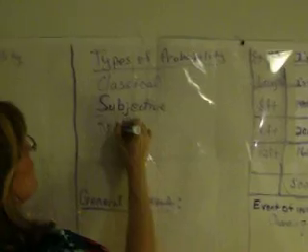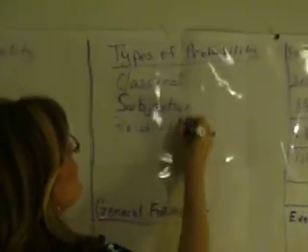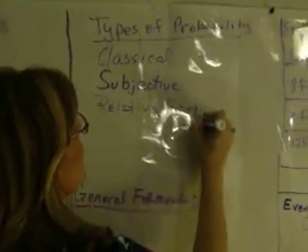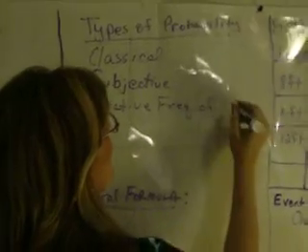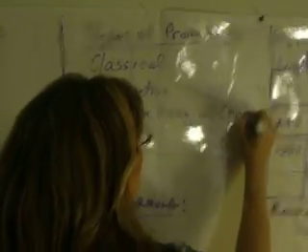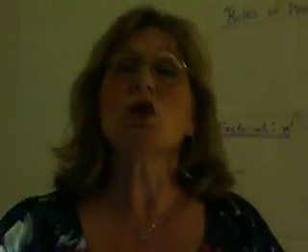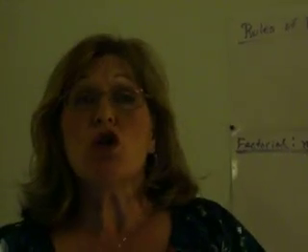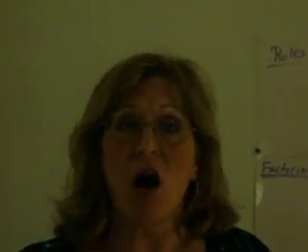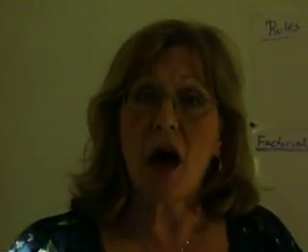And the third one, and the one that we'll probably use the most, is called the relative frequency of occurrence. And what that is, is actual data. So you could have data on rolling a die, and then you could have the classical probability of it and see whether or not they match.